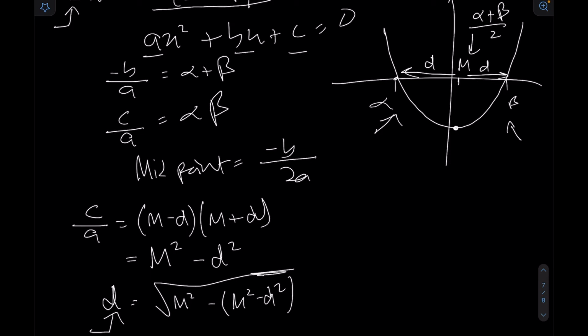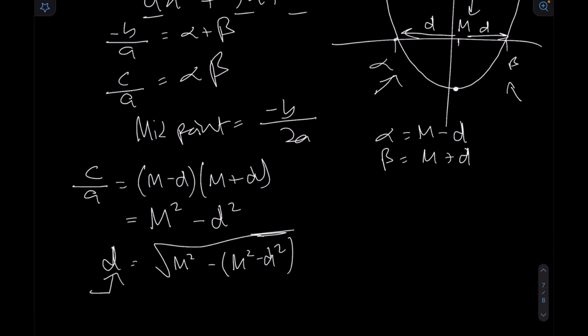And if we want to come up with a formula that gives us the values of alpha and beta, well, alpha is midpoint minus distance, beta is midpoint plus distance. So if we are interested in the coordinates, we can say that midpoint plus or minus the distance should give us the values.